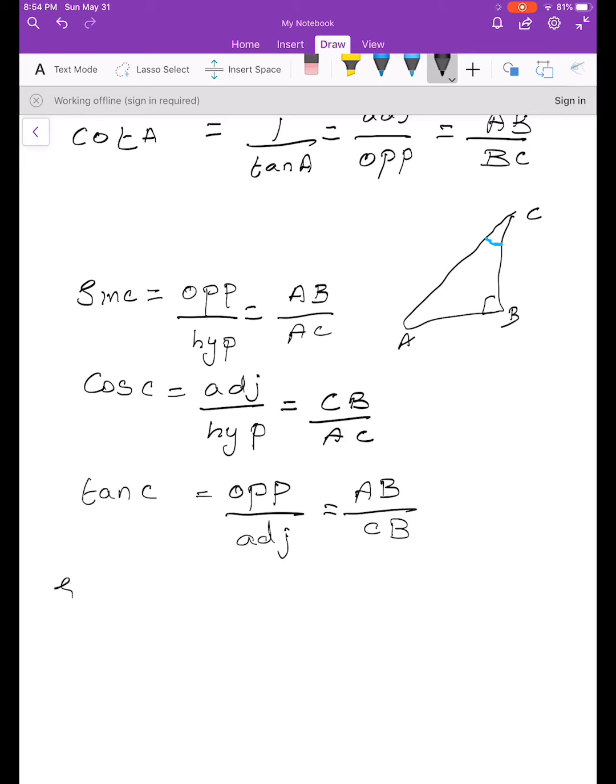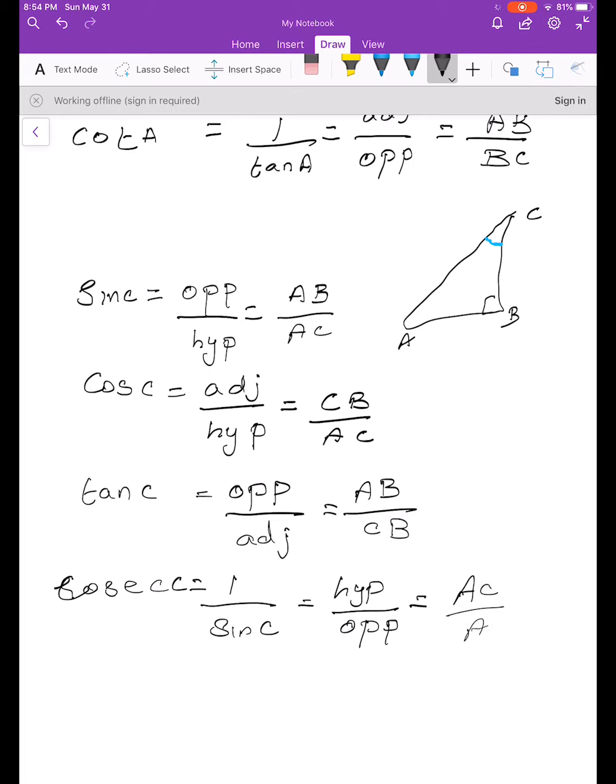Cosecant C first. Cosecant C is nothing but 1 by sin C, hypotenuse by opposite, AC by AB. Secant C, 1 by cos C, that is hypotenuse by adjacent.